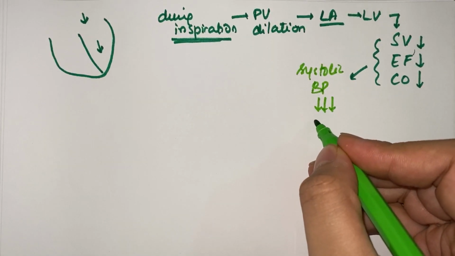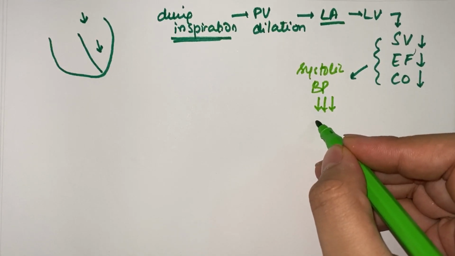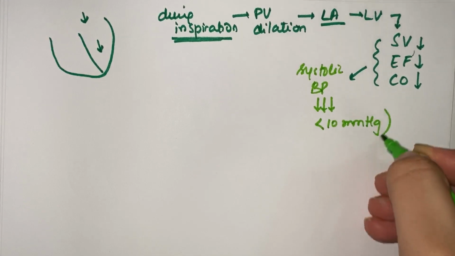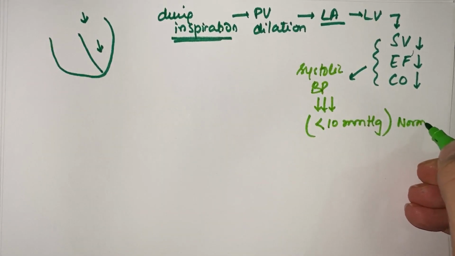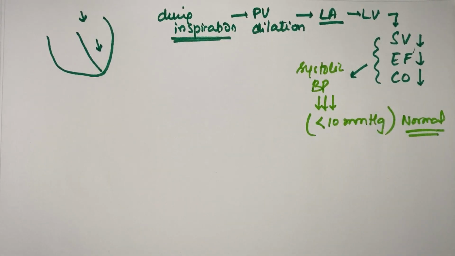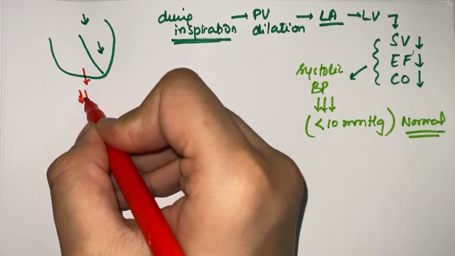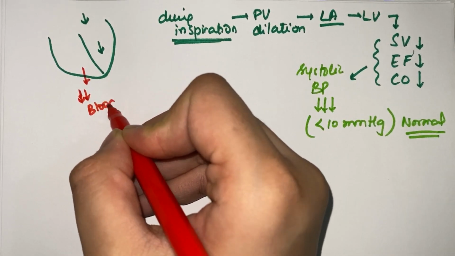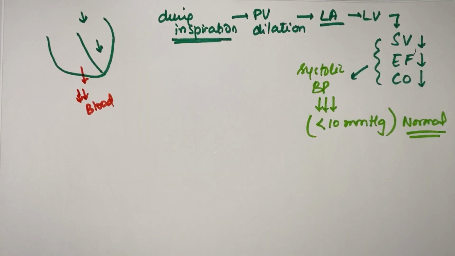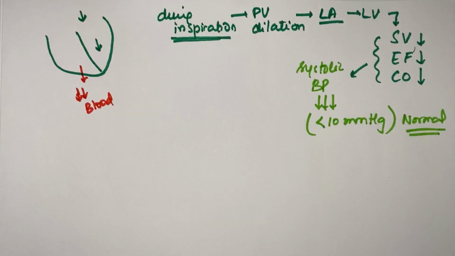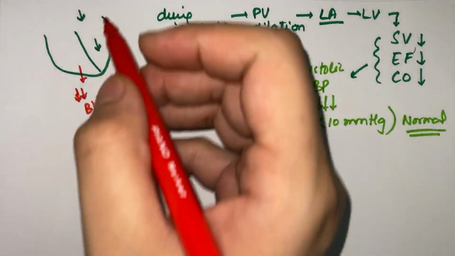In normal conditions this reduction is less than 10 mm of mercury, which is considered perfectly normal because it's a physiological mechanism. But hold on, what is happening here is that this right ventricle is ejecting less blood. So this less blood is then passing through the pulmonary arteries and lungs to the pulmonary veins, and the left atrium is now receiving less than normal.